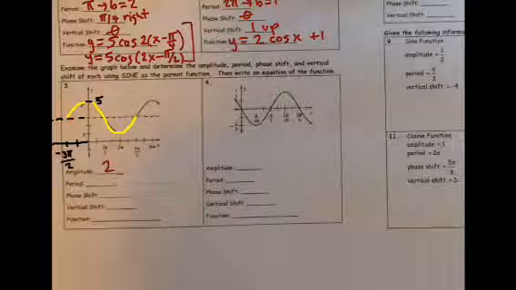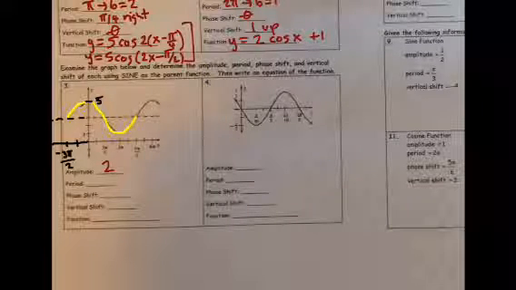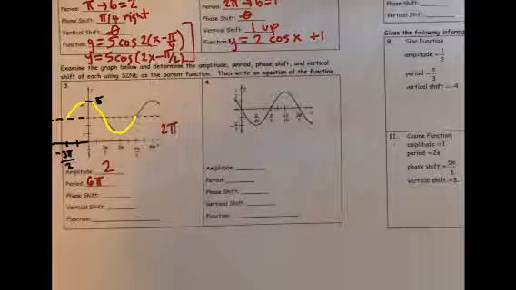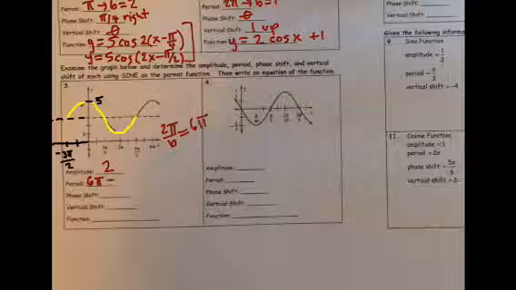So you can count all of this distance, and it's 6 pi. So either way, again, period is 6 pi, and you do 2 pi over b is 6 pi. So then b is 1/3.